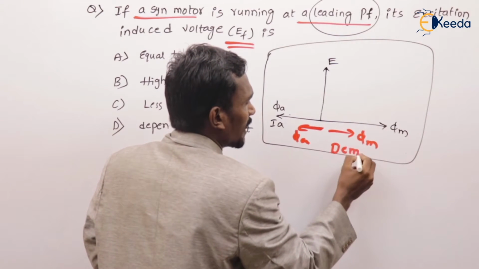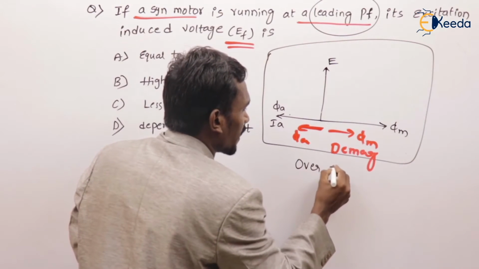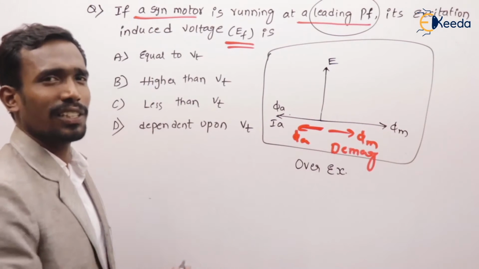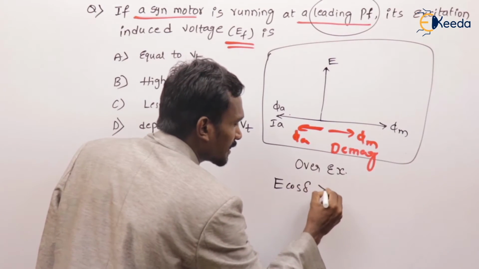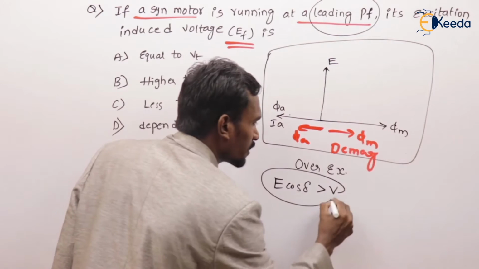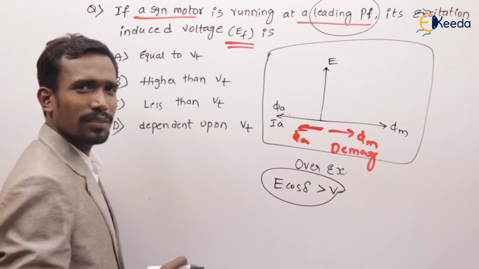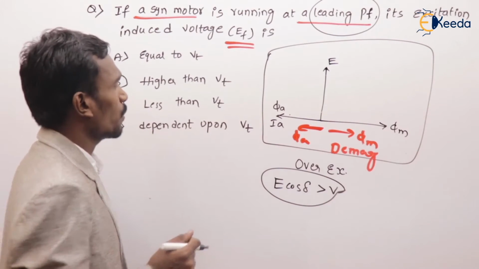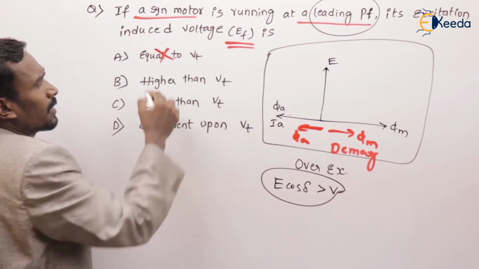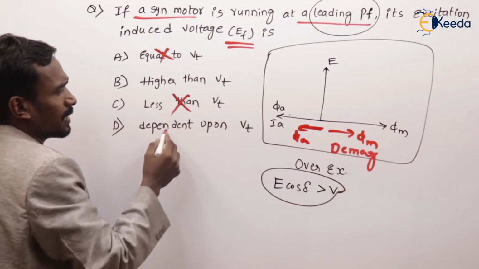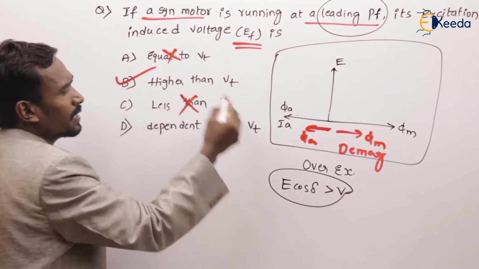So demagnetization is nothing but the over-excitation condition, where E cos delta is greater than V. Now tell me which of the following is the correct answer: the excitation EMF equal to V, less than V, dependent upon VT, or higher than VT.